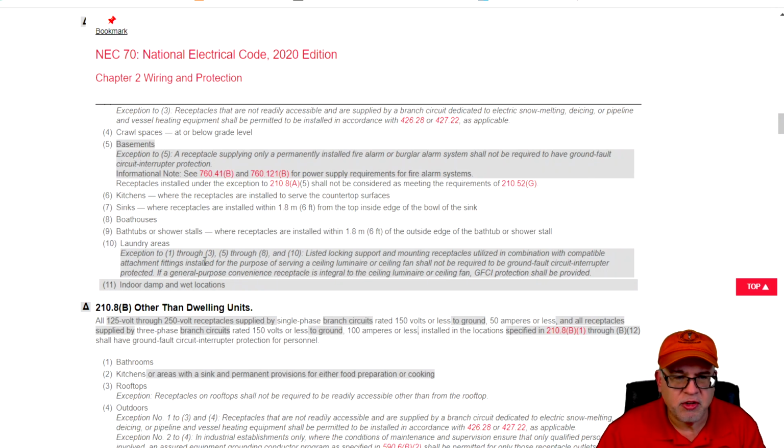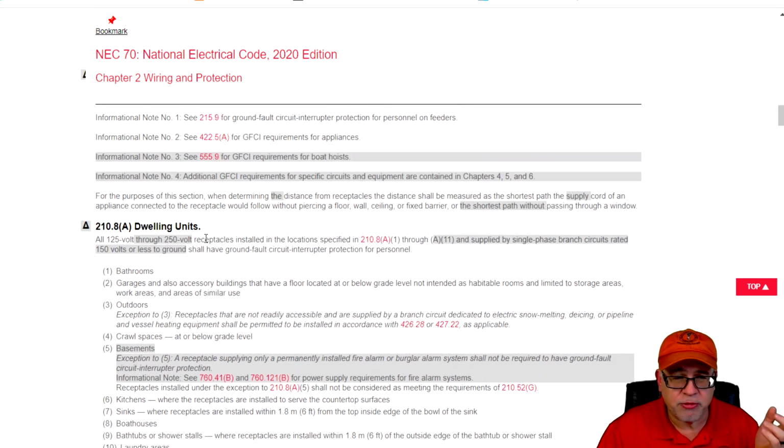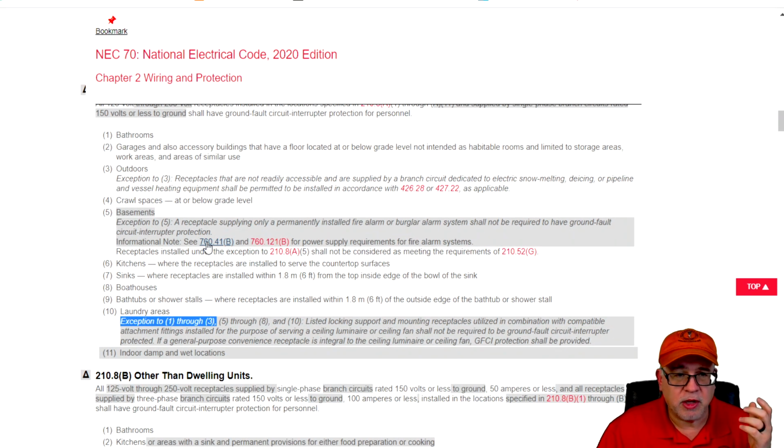Now, we have general exceptions down here, and they are exceptions to 1 through 3, which in our case was the bathrooms, the garage and accessory building, and the outdoors. I'm going to read the exception. It also applies to 5 through 8, so obviously it doesn't apply to crawl spaces, but it applies to bathrooms, kitchens, sinks, and boathouses.